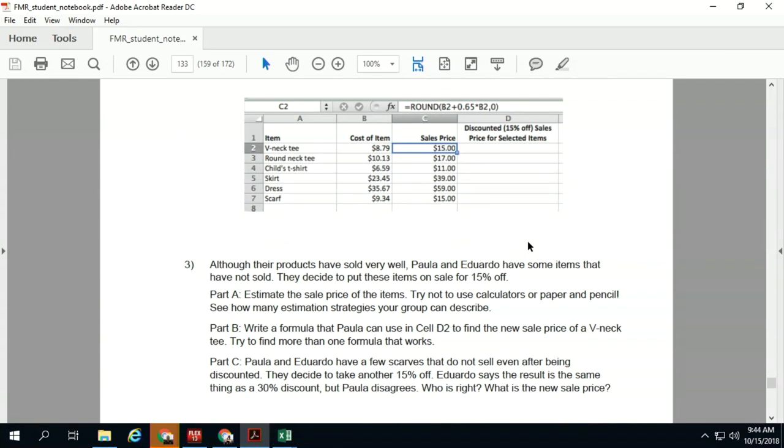Write a formula that they can put into cell D2 to find the new sale price of a V-neck tee, starting with the sales price here. So do that for the same ones that you did before. Do it for round neck, child t-shirt, skirt, dress, scarf, and then we'll report our values back.